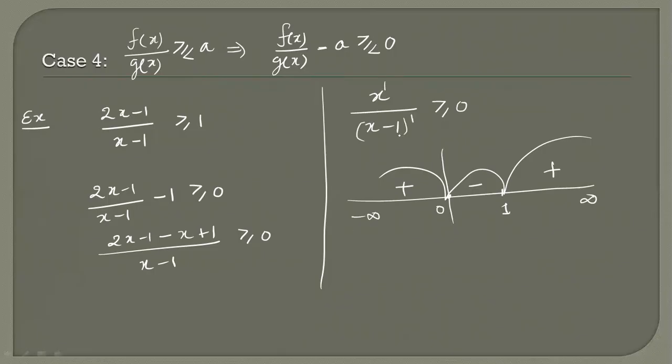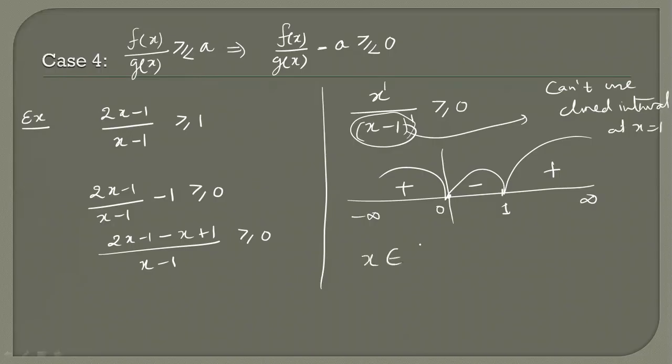One point to remember here: g(x) is x equal to 1, so we can't use closed interval at x equal to 1. Remember this point. Then the answer will be x belongs to minus infinity, we always use open interval, to 0 closed, because the equality sign is given here, union 1 to infinity. We cannot use closed interval at 1 also. So this will be the answer for this question.